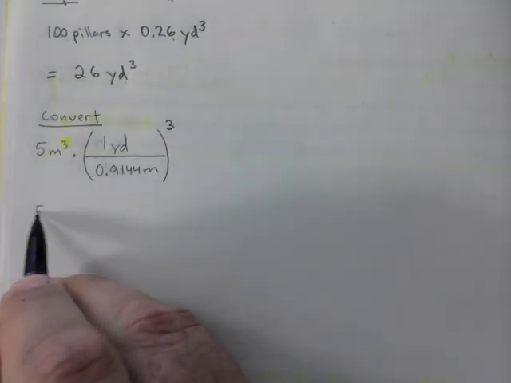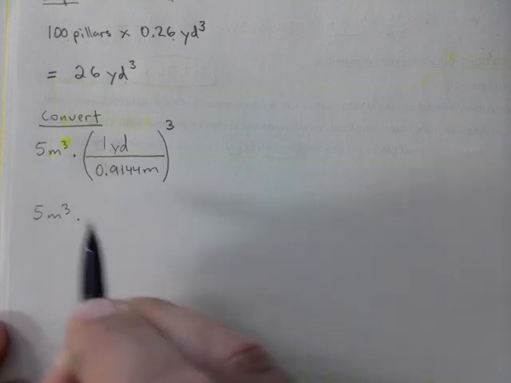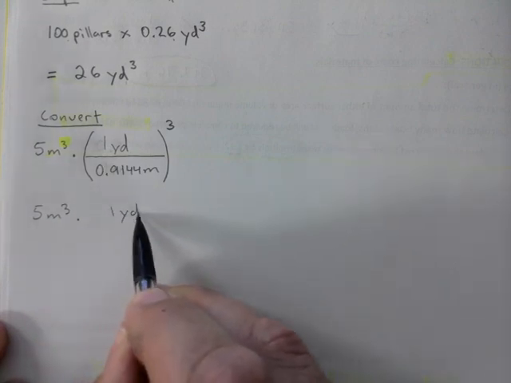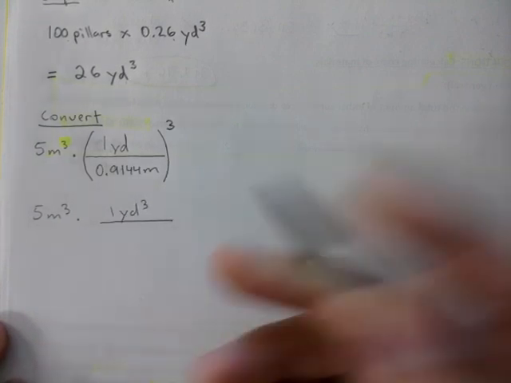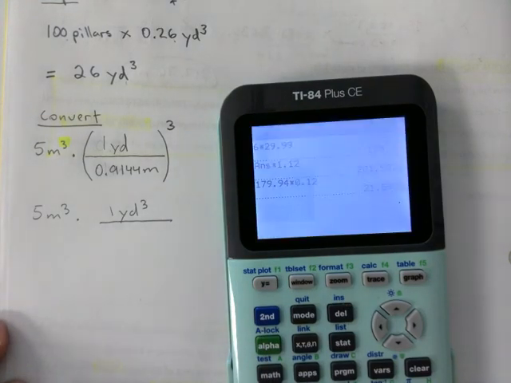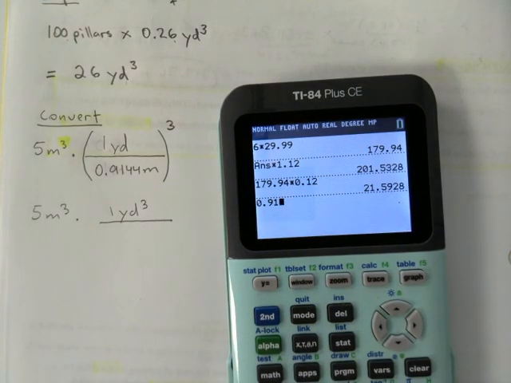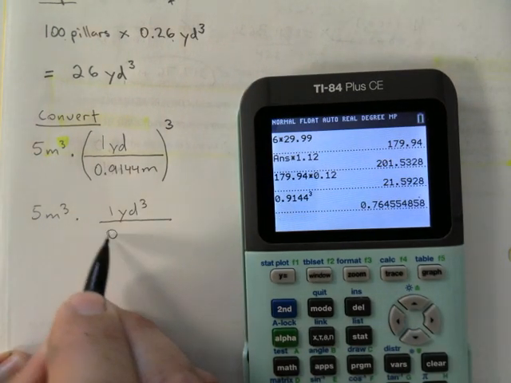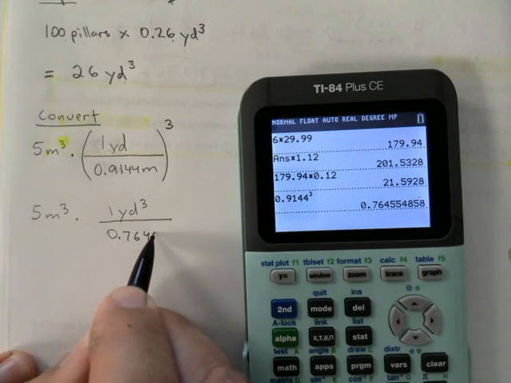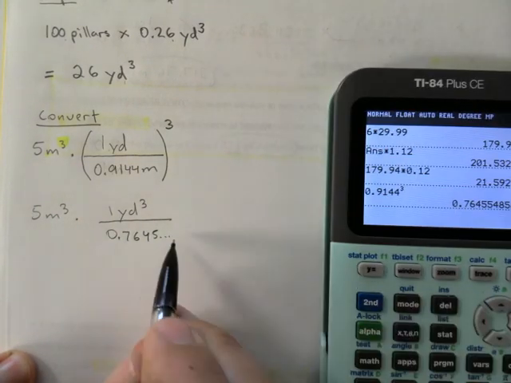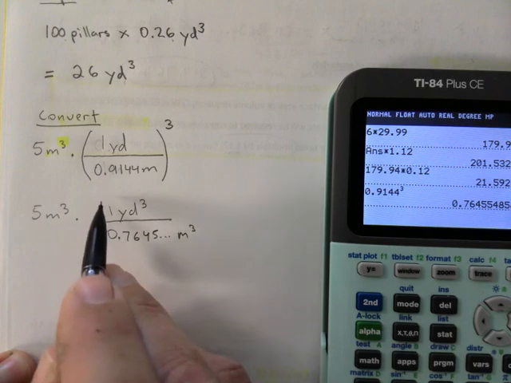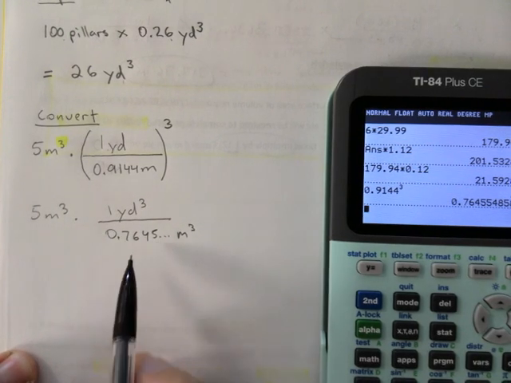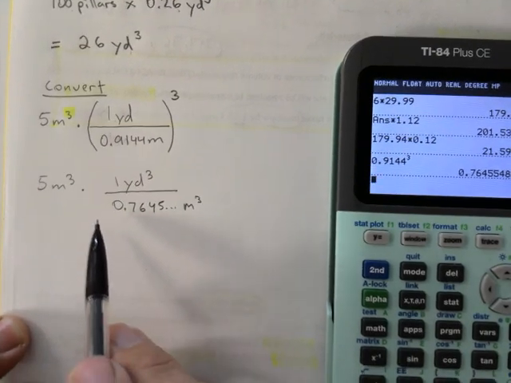So let's do that here. 5 cubic meters times 1 cubic yard, and underneath, I'm going to write down what that is: 0.9144 to the power of 3. Hit enter. I can leave it like that because I've applied the cube.